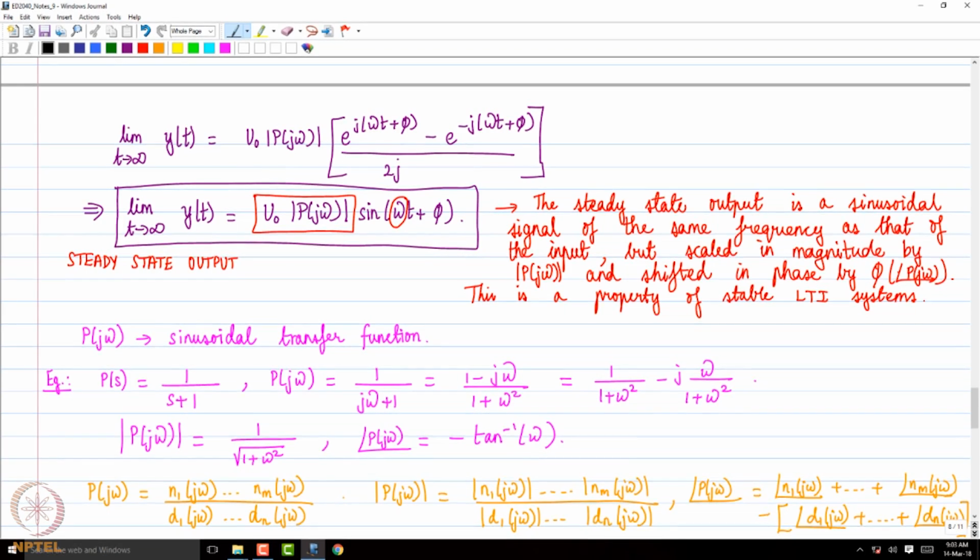Phi is also the phase of P of j omega, right? So depending on omega, the magnitude and the phase shift would be different, which is something we observed yesterday.